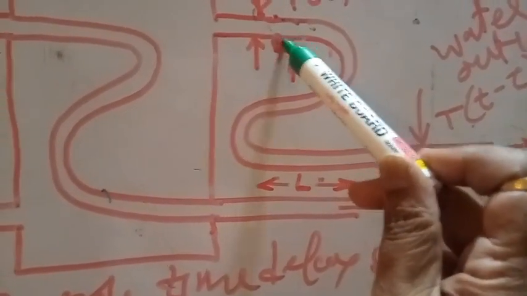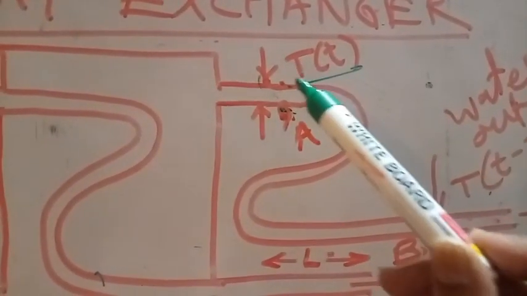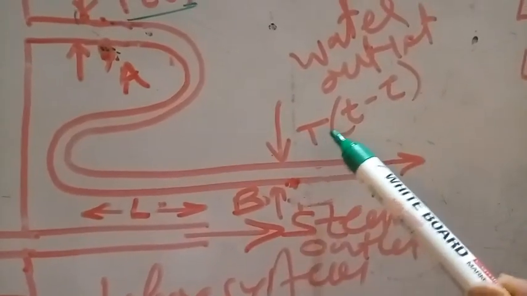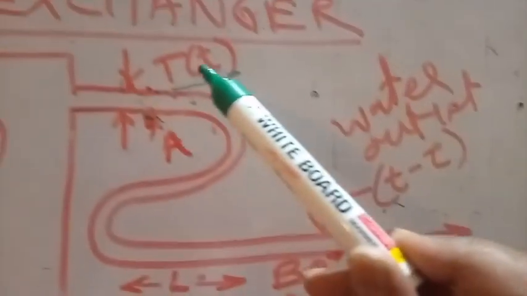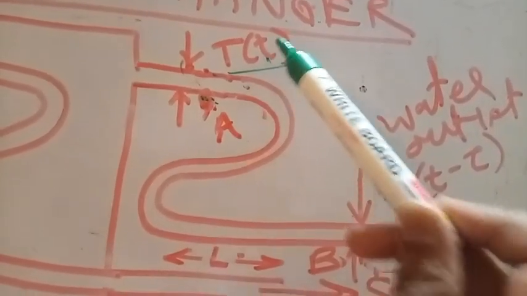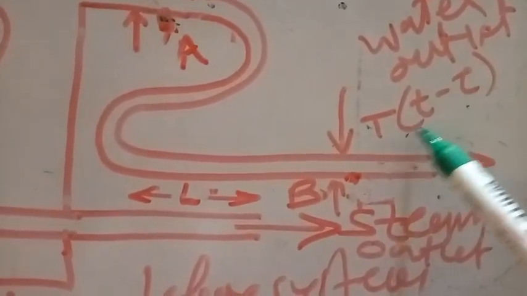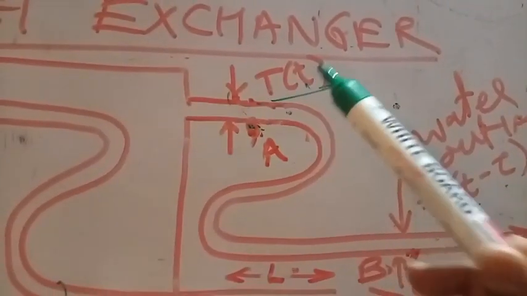So this is our measuring point. Here t is the time, the time domain index for a continuous signal, and tau is the delay. If the delay is 0, then this t is equal to this t.